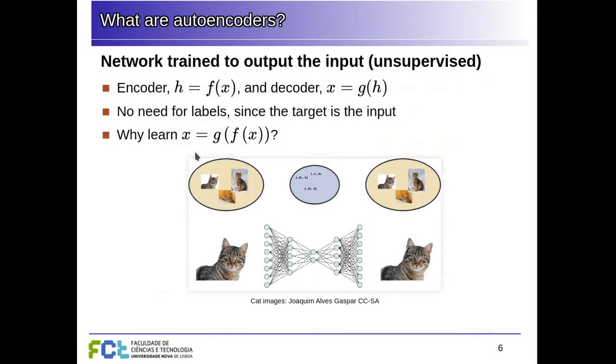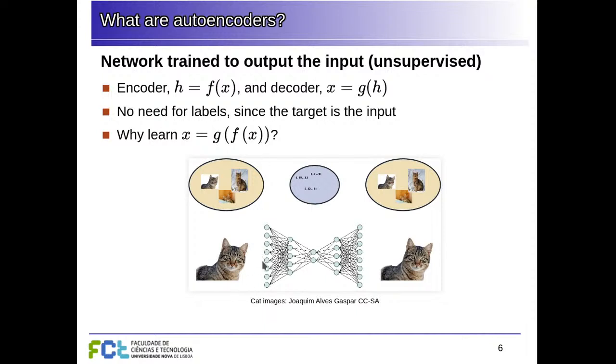In this case, we are merely creating a network that will approximate the composition of two functions. The encoder part, f of x, maps the input into the latent space, that hidden representation, and then the decoder maps it back into the input. So we are learning a composition of functions that returns exactly the same thing that we input. This would not be interesting by itself, because note that this has a trivial solution, which is simply copying the values.